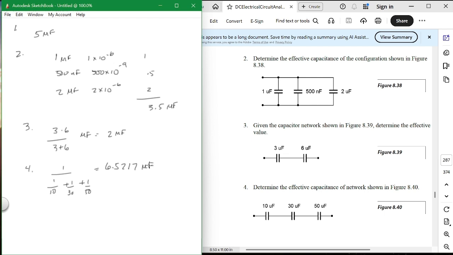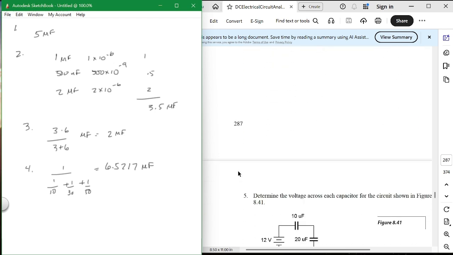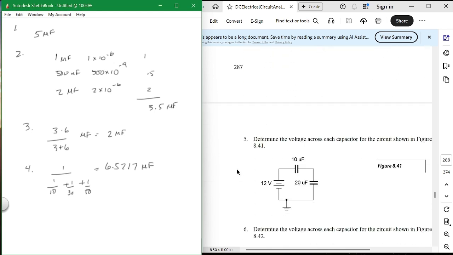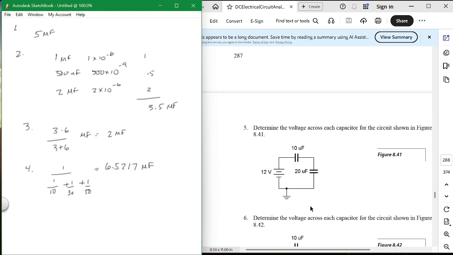Number 5. Determine the voltage across each capacitor in the circuit. So this is one of those that I told you really don't have to memorize, but how do you do this one? Number 5.